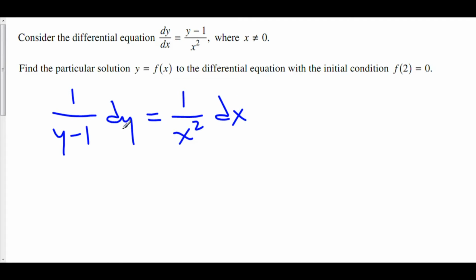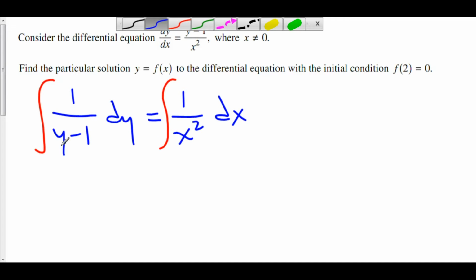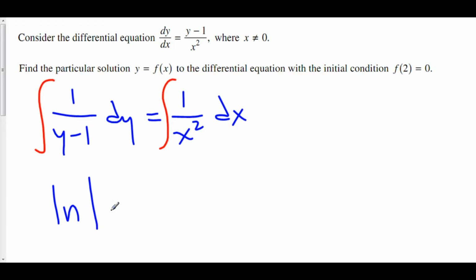To get rid of our dy and our dx, let's take the integral of both sides. Well, the antiderivative of 1 over y minus 1 is the natural log of the absolute value of y minus 1 plus c, but of course we'll move that plus c over to the right hand side since that's what we have always done.